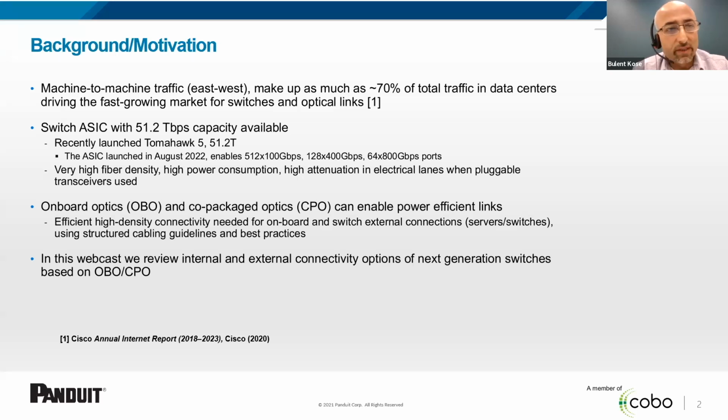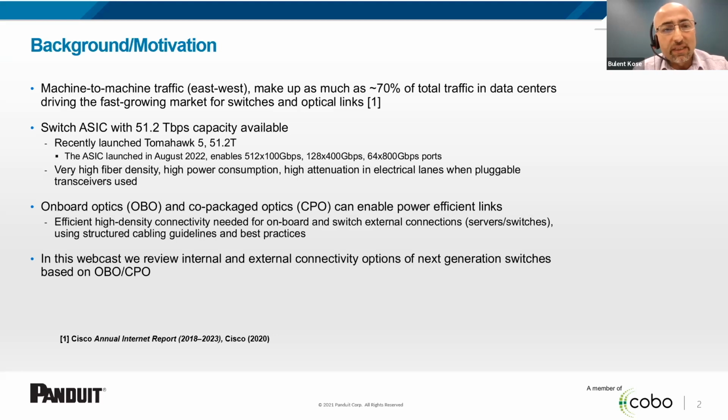That's where onboard optics and co-packaged optics ideas started, because of those needs to address the high power consumption and high density. So OBO and CPO can enable these power efficient links.